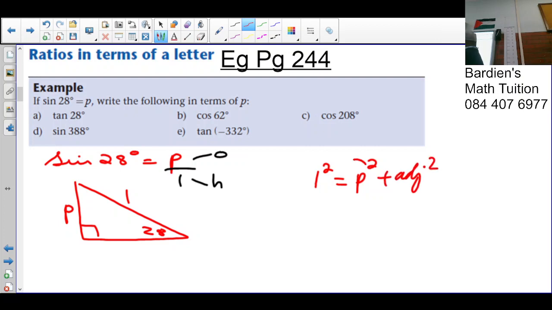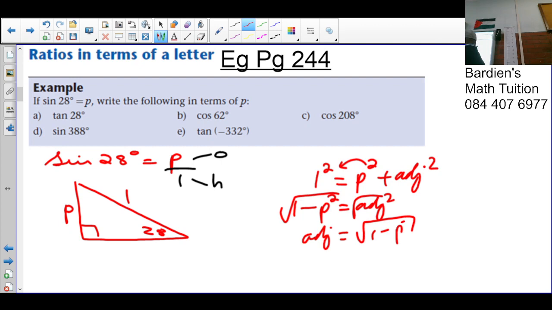We want the adjacent, so we take that over. So 1 minus P squared is equal to the adjacent side squared, then the square root thereof. You can't take the square root of each term because there's a minus between them. The adjacent side is the square root of 1 minus P squared. You all agree with that?